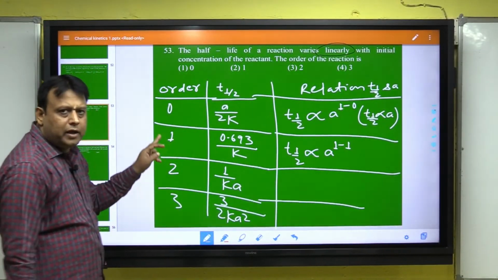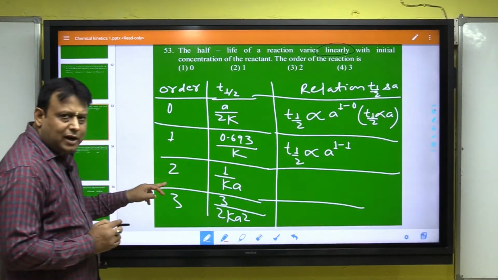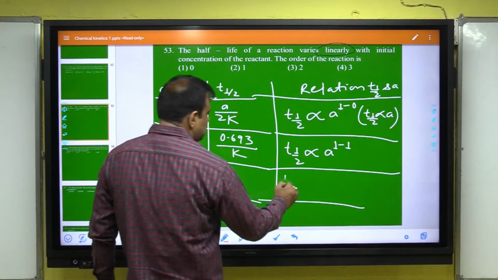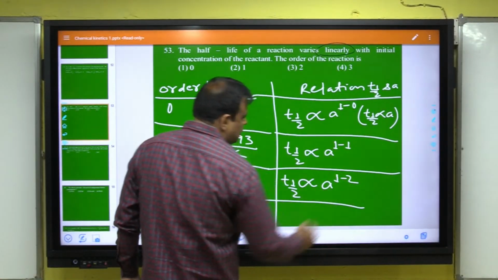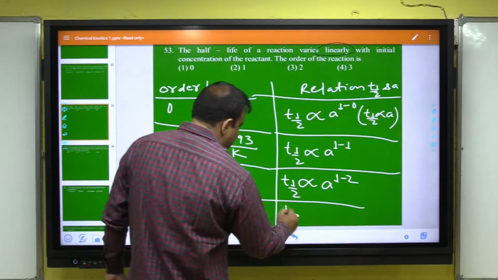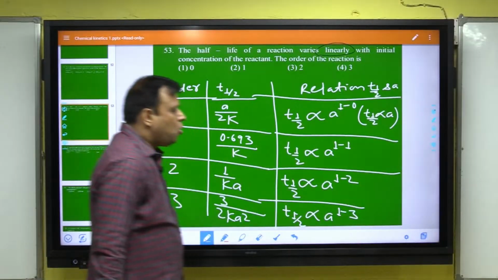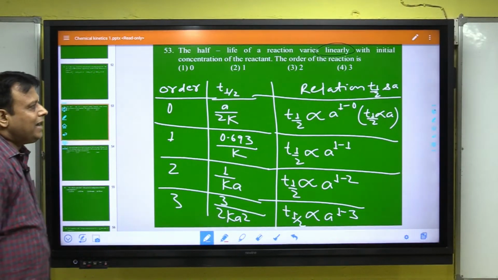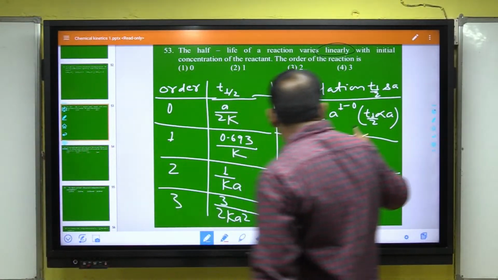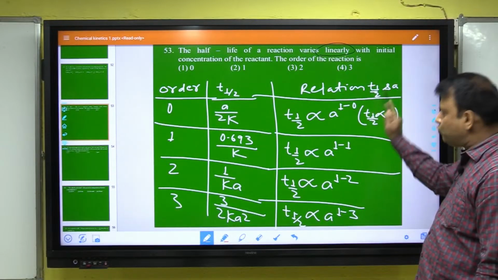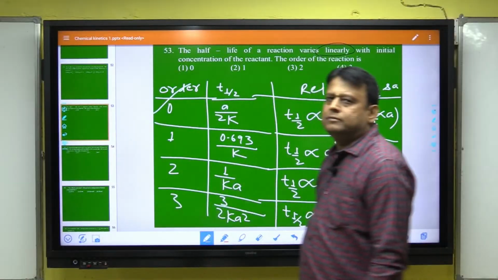And now, in the second option, that means first order. In the second order, 1 by Ka, T half is proportional to A to the power 1 minus 2, that means inverse. And in third order, T half is proportional to A to the power 1 minus 3. And hence for a linear term, that means direct proportional, T half is proportional to A to the power 1 minus 0, that means 1, and hence linear relation only in zero order.